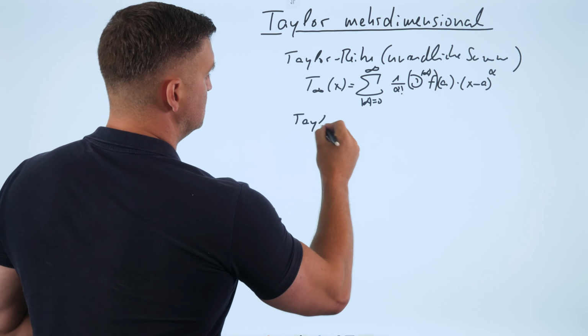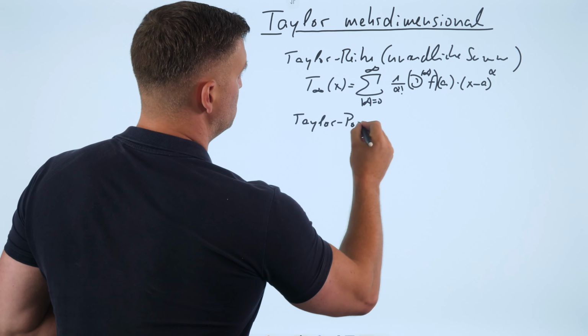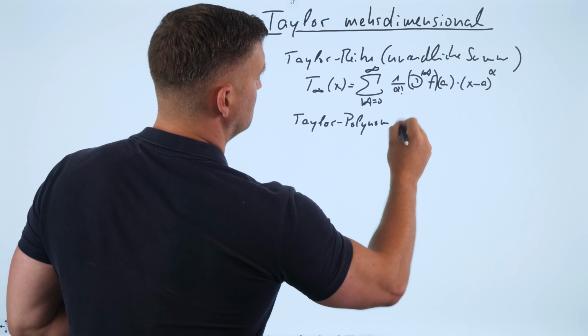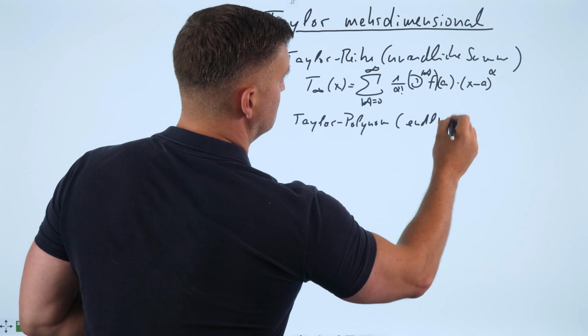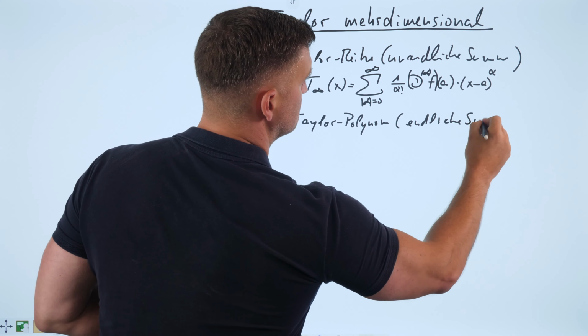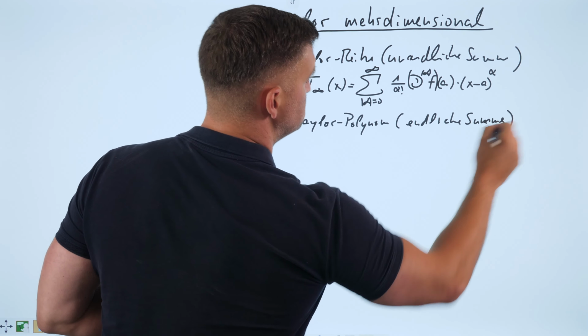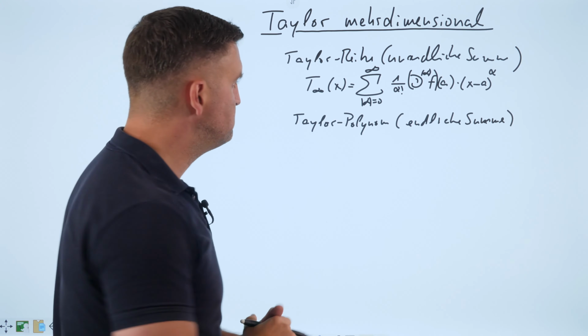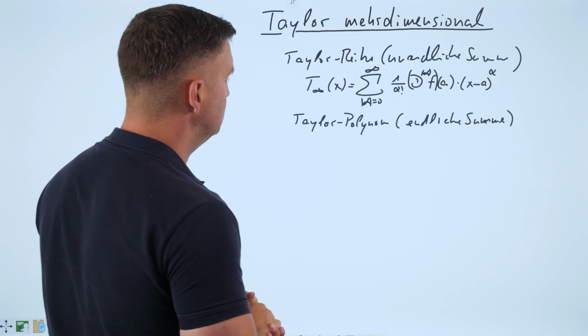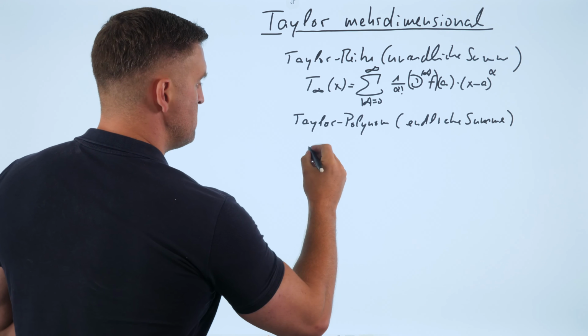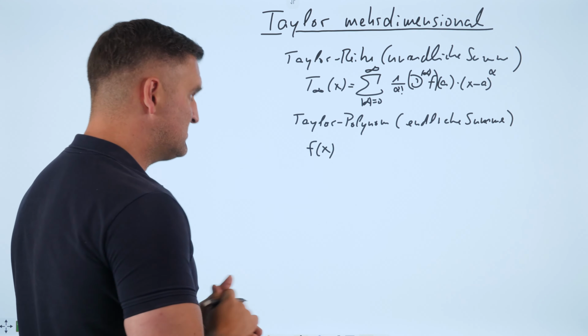So the Taylor polynomial is a finite sum. I think you usually have to specify it up to degree 2, as I said. I'm writing f of x now.